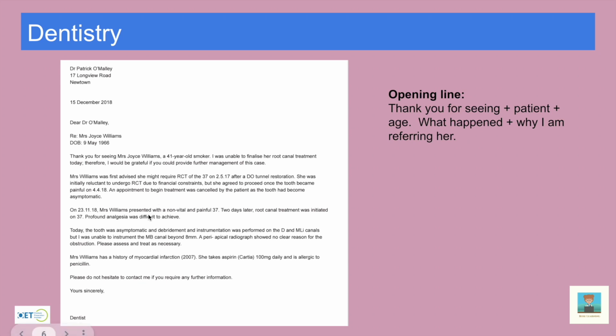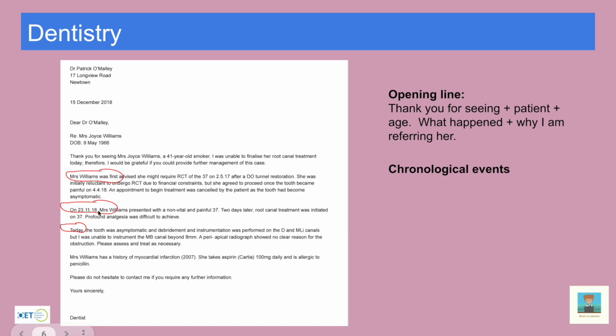Now, let's take a look at the internal paragraphs here. How have they been organised? So we have Mrs. Williams was first advised on the date, then the next time she came to visit, and then today. So in this case, we've got 3 body paragraphs which are all listing chronological events.